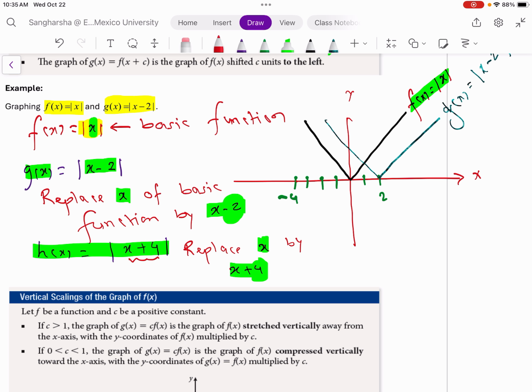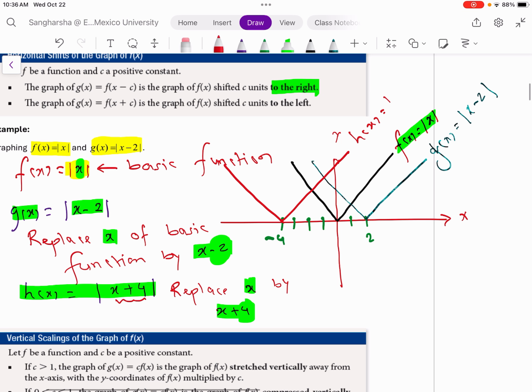So we draw the V shape graph at negative 4, and this is the graph for our h of x equals absolute value of x plus 4.